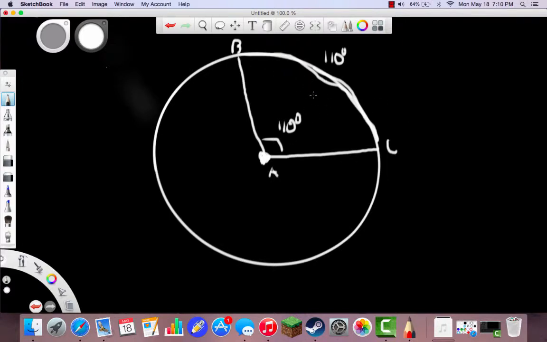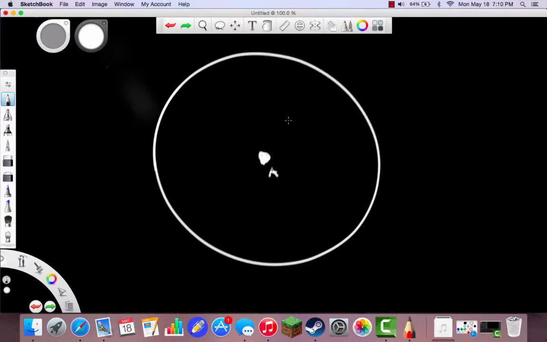Okay, but what if we don't have a central angle? There are these different types, right? So that was a central angle. Next we'll look at an inscribed angle. So basically it's a central angle, but as Mr. Lorenzo said, you just pull the radii back. So if I were to draw that, it would end up going from here to there, right?